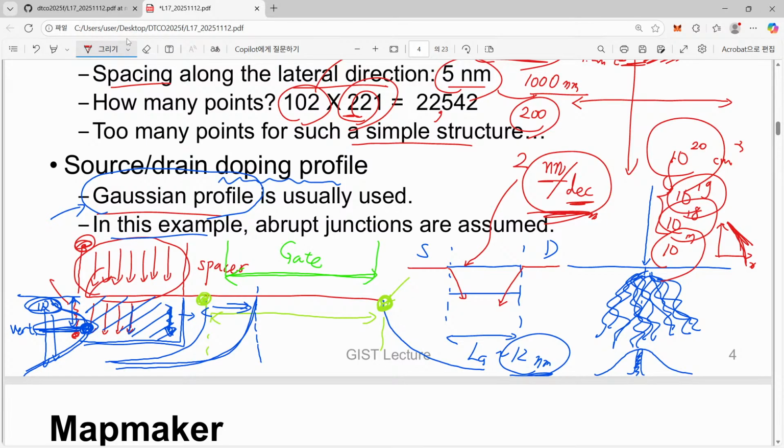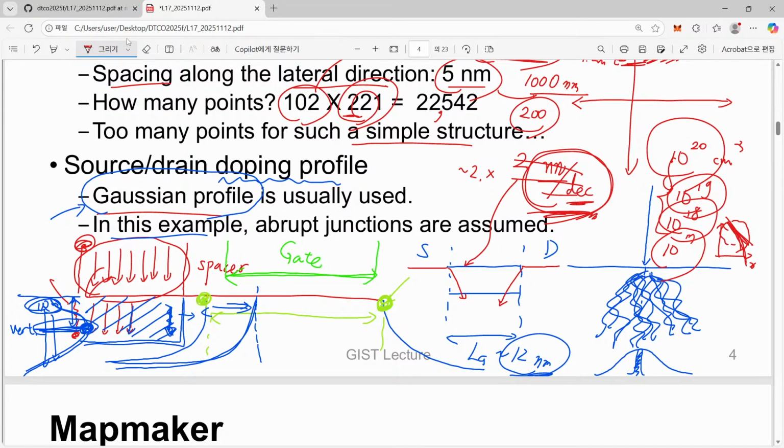So this number is just showing some local slope of our Gaussian doping profile nearby the peak. And in this case, the typical number we have right now is around 2 point something. So it means that if we proceed 2 over 3 nanometer, then we have 10 times smaller doping density.